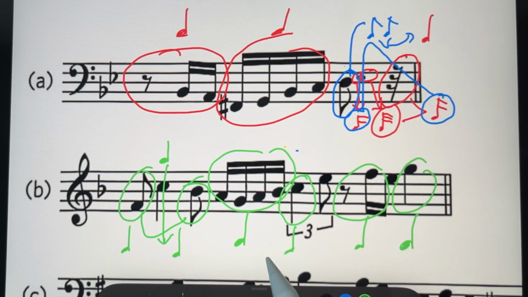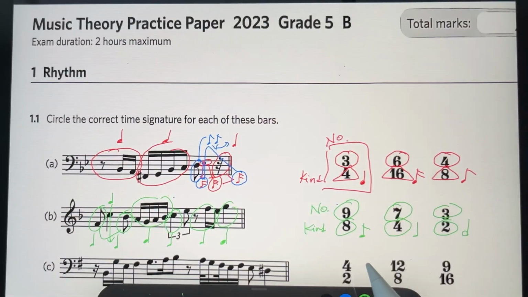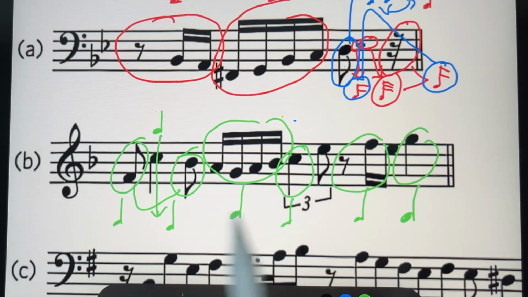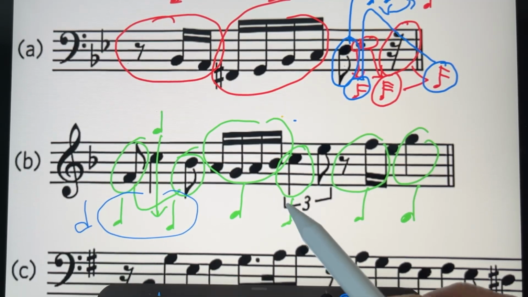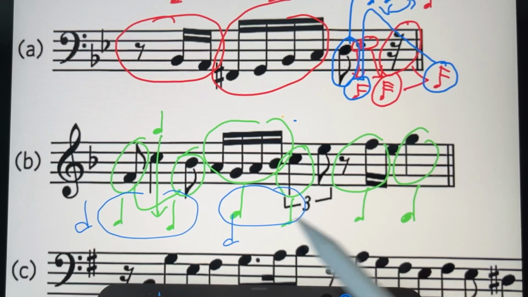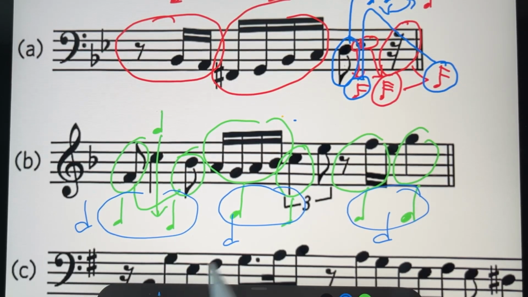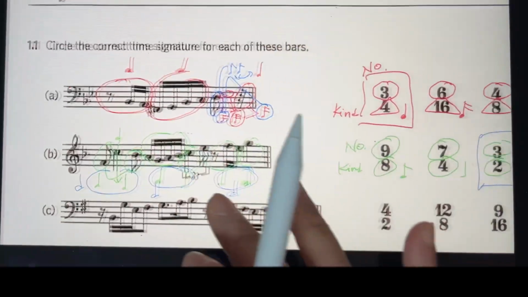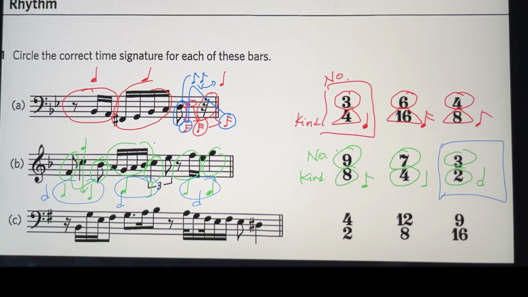So I have 1, 2, 3, 4, 5, 6, but we do not have 6/4. So let's continue to group them into minims. So we can have 1 minim, 2 minims, and the third minim. So I have 3 minims. So 3/2.